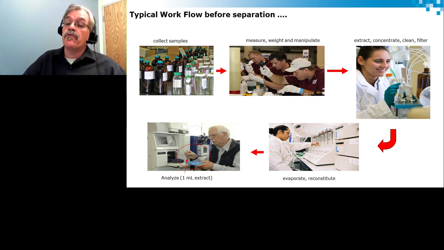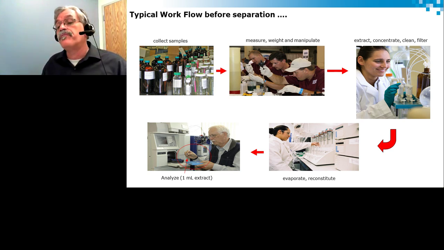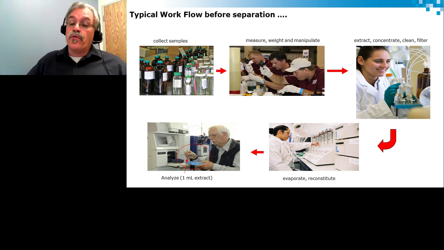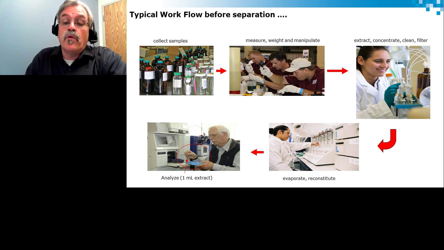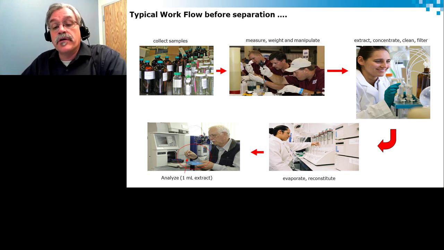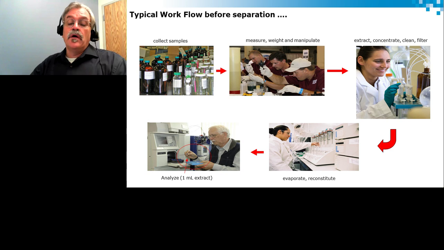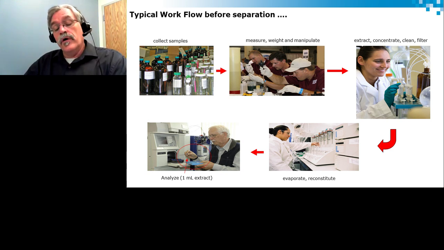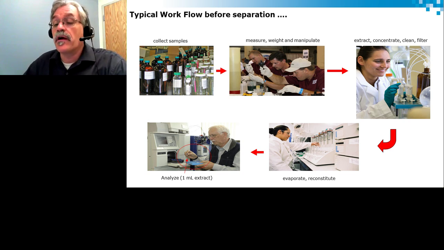On the right-hand side, we have the extraction process: concentrate, clean, filter. Then we go through a solvent conversion compatible with liquid chromatography. Most final extracts vary between 500 microliters and 1 mL, and the 2 mL vial or the 1 mL 96-well plate is the format that we need to put our raw sample into so we can inject.